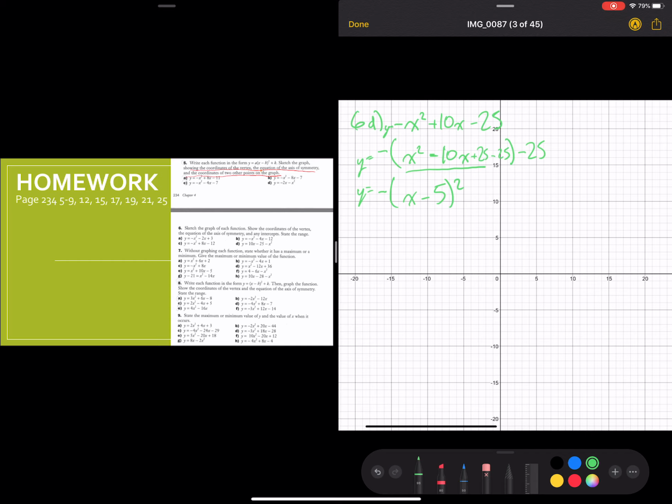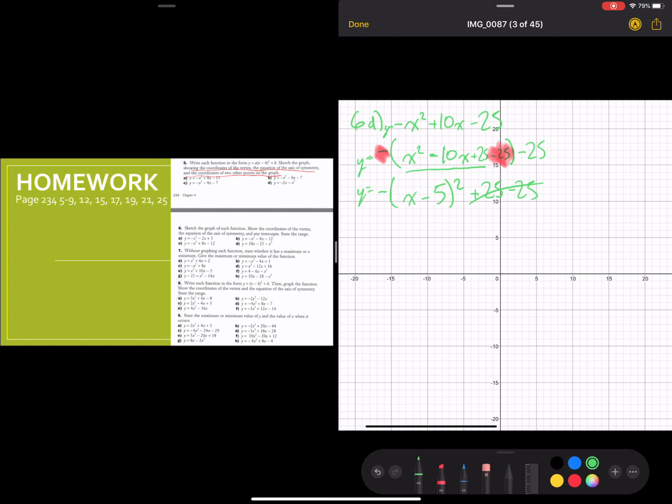Anyway, it is a perfect square. Multiply this minus 25 with this minus to bring it out of the bracket. So I end up getting plus 25 minus 25. That crosses out.